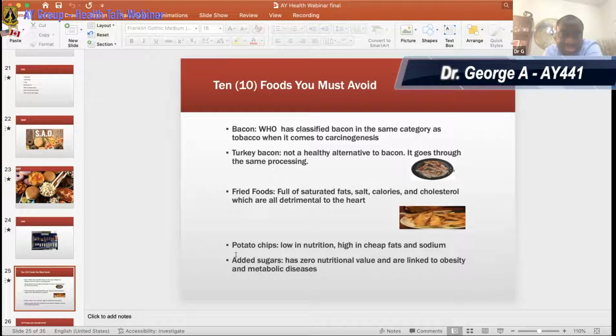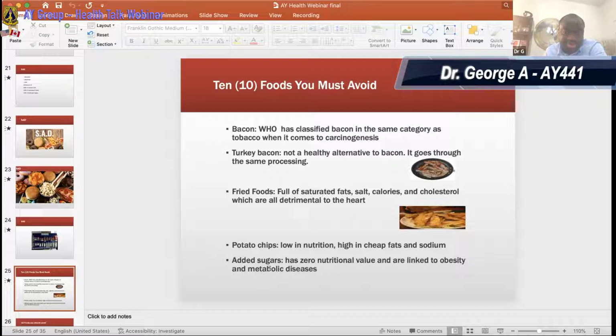The next on the list is potato chips, which are also low in nutrition, and they are also made in cheap fats, and they have high sodium, and all these things combined feed cancer cells. Then added sugars.